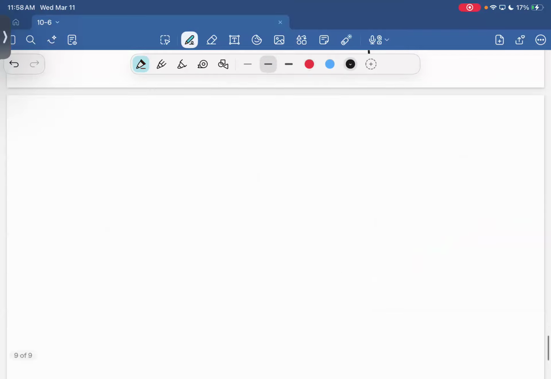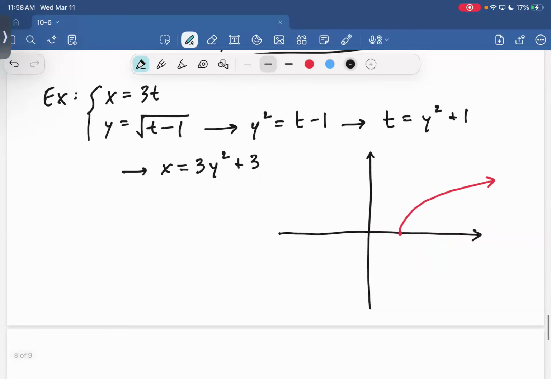How did you find the vertex again? There's the formula, right? I don't remember it, actually. y minus k equals 4p times x minus h squared, something. y minus k squared equals 4p times x minus h.